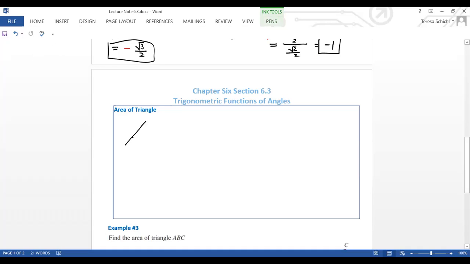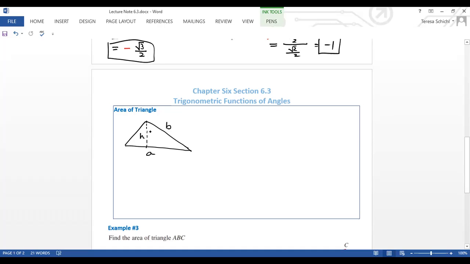So if this is my triangle here, with sides A, B, in order to find the area of a triangle, you need to find the height, correct? So you need to find this height here.